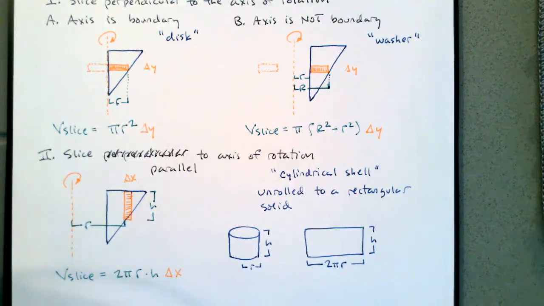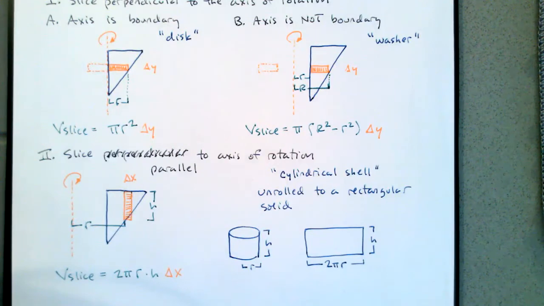The same thing happens when we slice parallel to the axis of rotation. We have in the picture that I've drawn a horizontal variable, delta x.